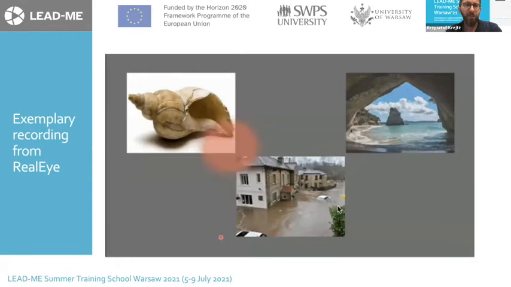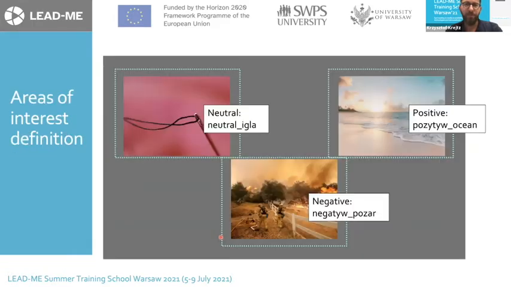And this is an exemplary recording from RealEye, how the person was looking at the pictures. I don't know who that person was and what his or her attitudes toward climate change were, but we see that she explored quickly all the pictures, focusing at last on the positive picture.